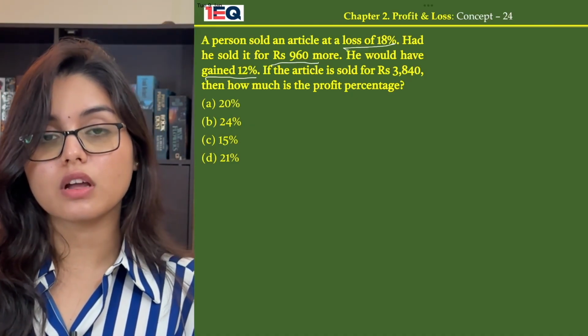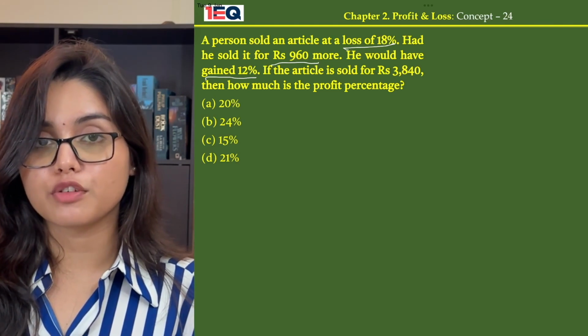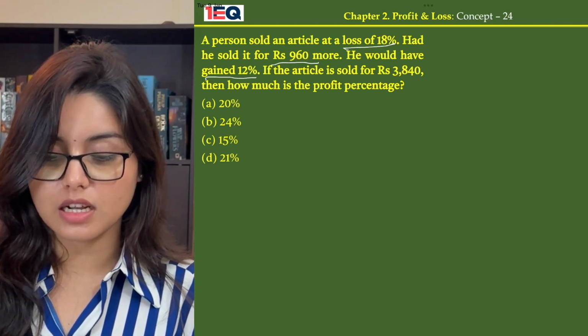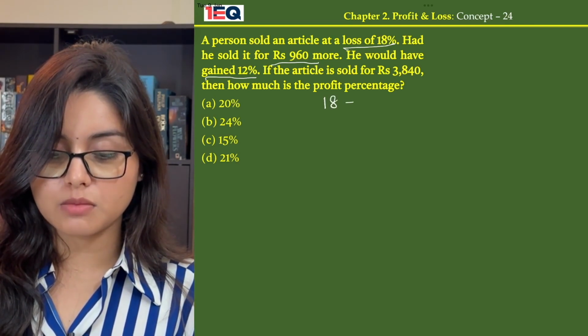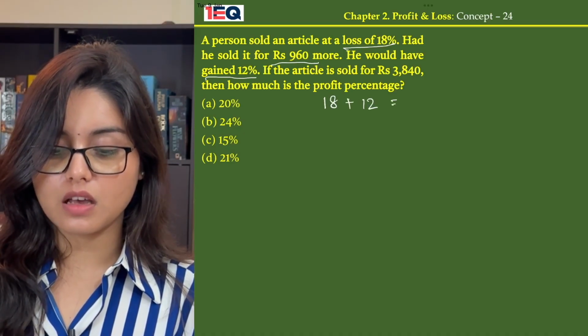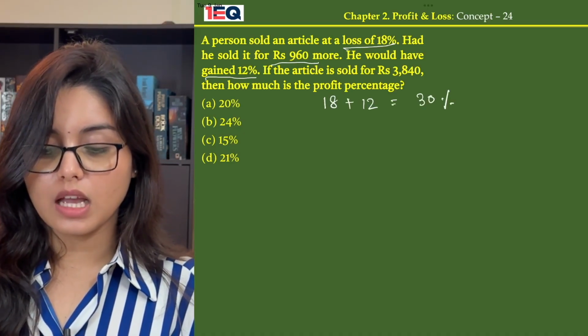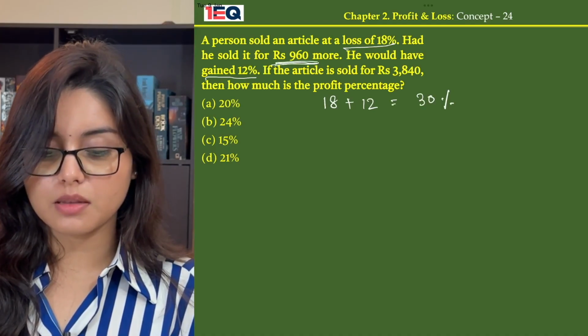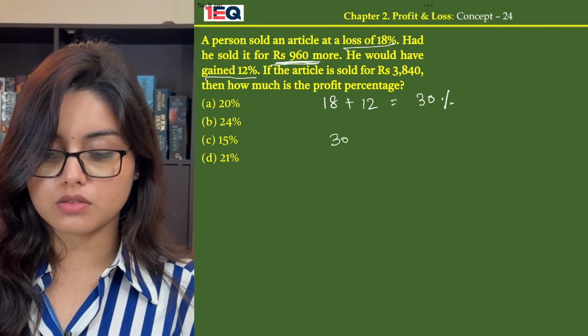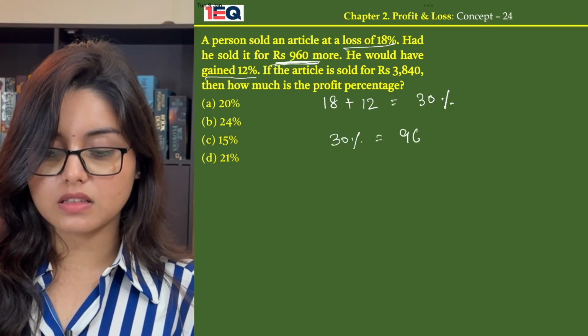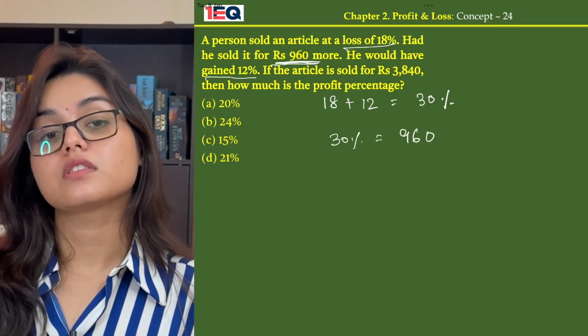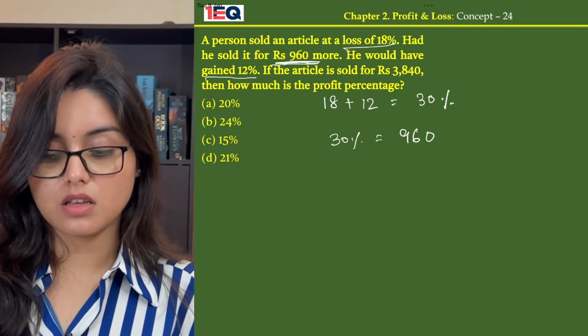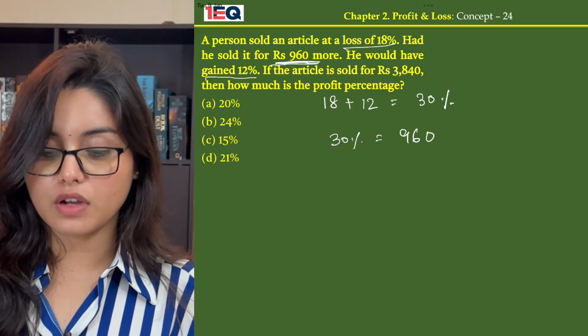So, in order to earn the 12% profit, he has to sell at a profit of 18 plus 12%, that is 30%. According to the question, 30% is equal to rupees 960. Now, if 30% is equal to 960, what will be the value of 100%?